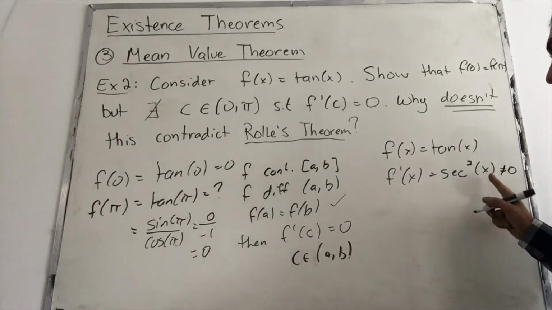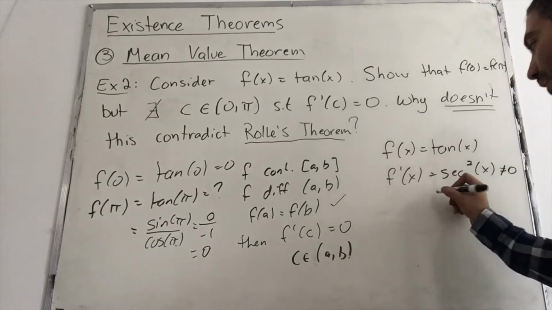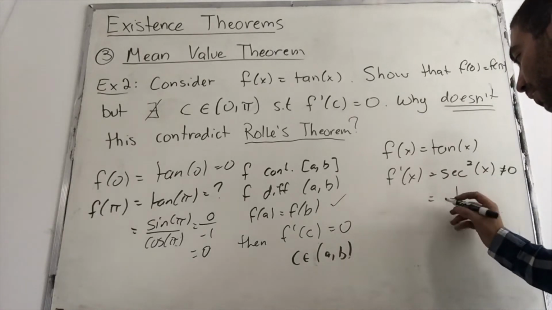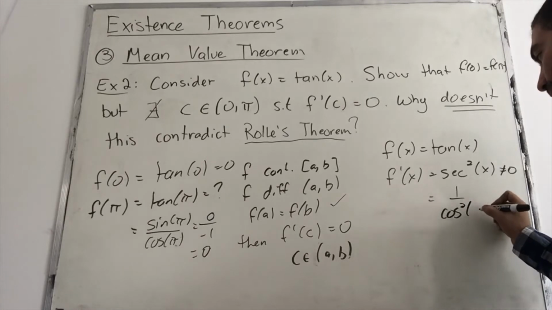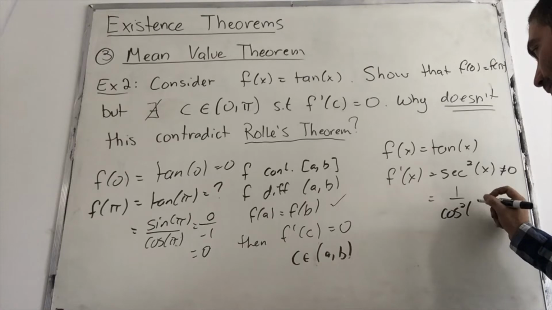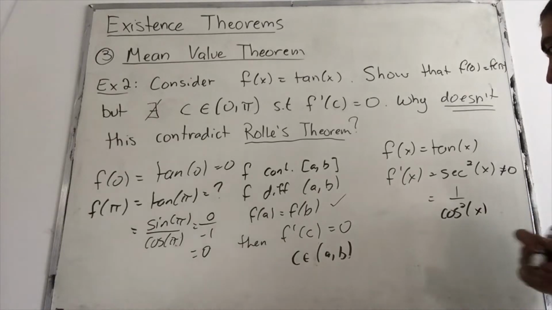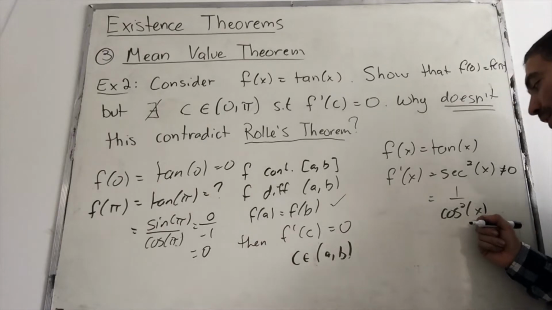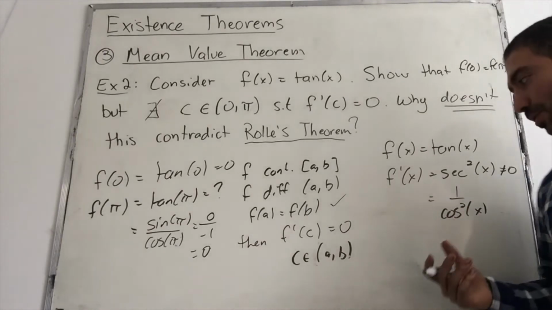There's no value of x that you could put in here to make it equal to 0. Secant is 1 over cos squared. And no matter what x value we put in here, cos can't be 0 because you're going to essentially be dividing by 0, so there's an issue here.